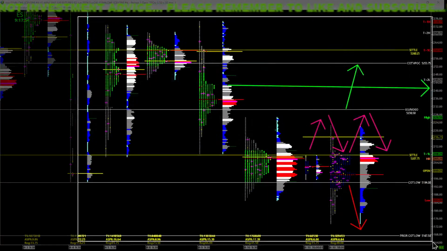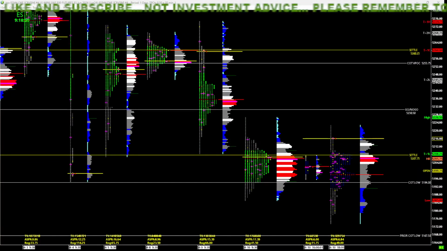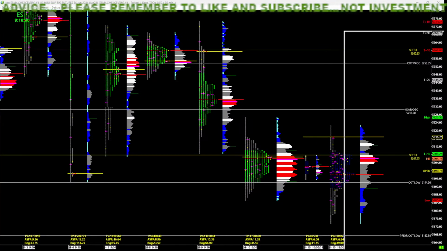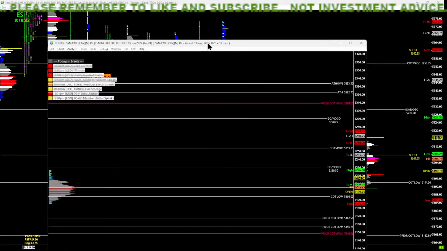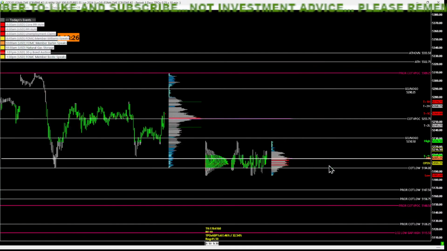One more thing before we go. Let's take a peek at our COT chart. Morning, Thomas. So if we take a look at our COT chart, we just started our new COT yesterday.